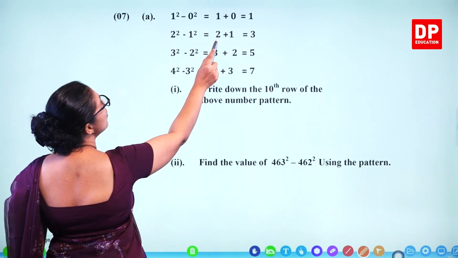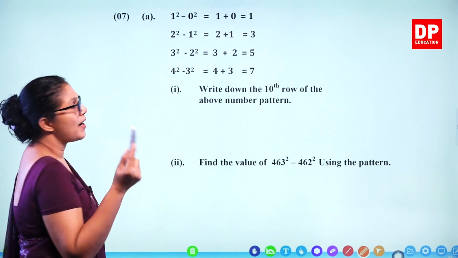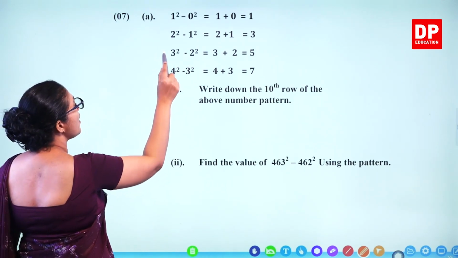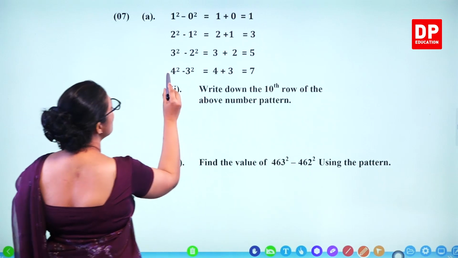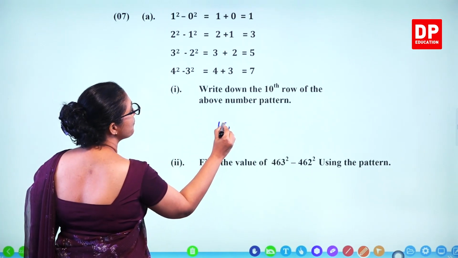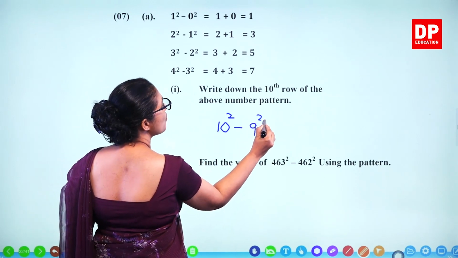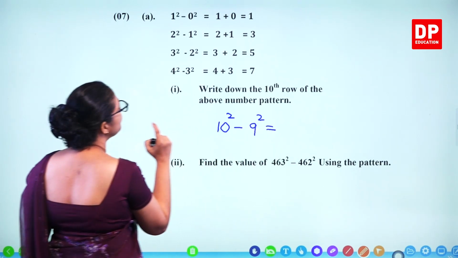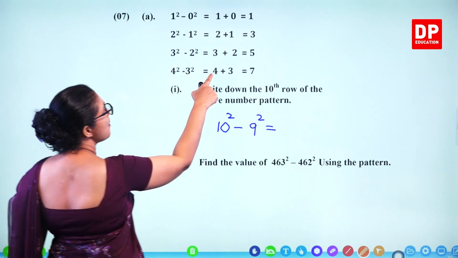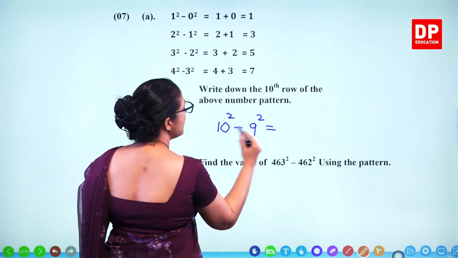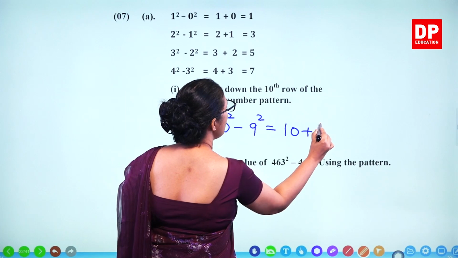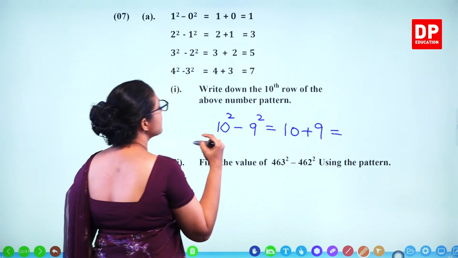Second row here 2 squared minus the previous one. 3 squared. So 10th row, what should be the number? 10 squared minus previous one 9 squared. That's equal to 4 is the first number. Second number is 3 here. 10 plus 9, that's 19.